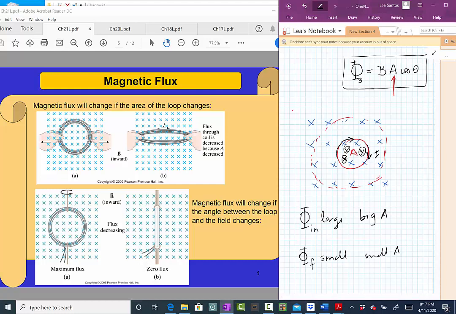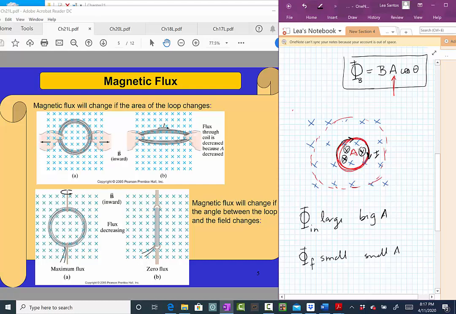So this is another way to change magnetic flux and induce a current. I didn't touch the magnetic field in this case. We changed the size of the area of the loop. So I repeat, we went from a big area to this smaller loop here.